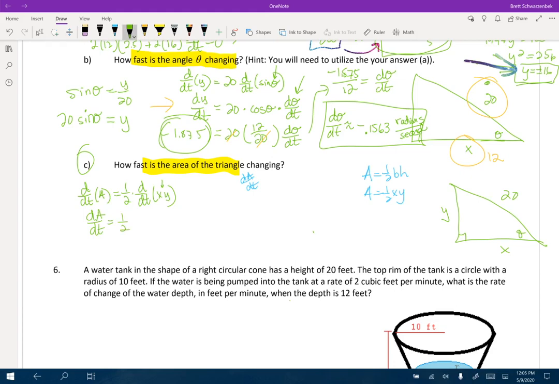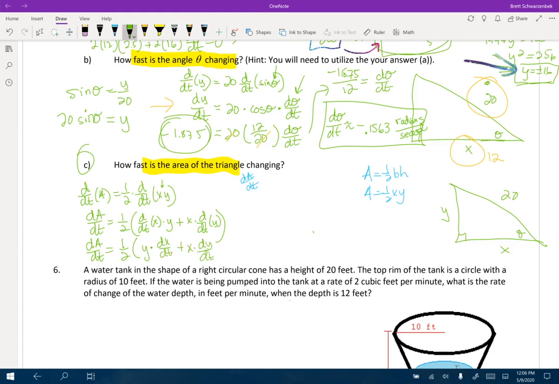Remember it's f prime g plus f g prime, so just be careful, this is d/dt of x times y plus x times d/dt of y. If we rewrite that and keep the half, let's put this in order: y times dx dt plus x times dy dt.